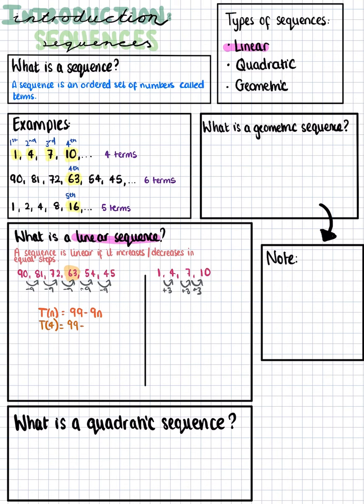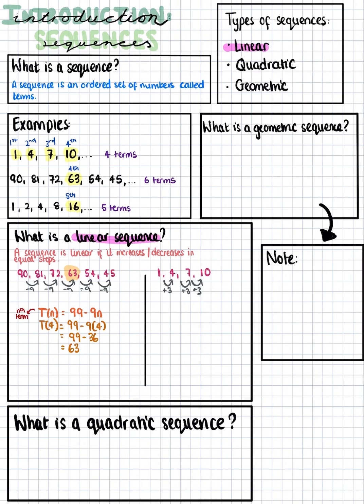So I would replace the n with 4 because I'm looking for my fourth term. So I'll have 99 minus 36, because 9 times 4 is 36, which will give me 63, which I know is my answer. It is important to note that the n represents the position of the term in the sequence, so we call this general rule the nth term.